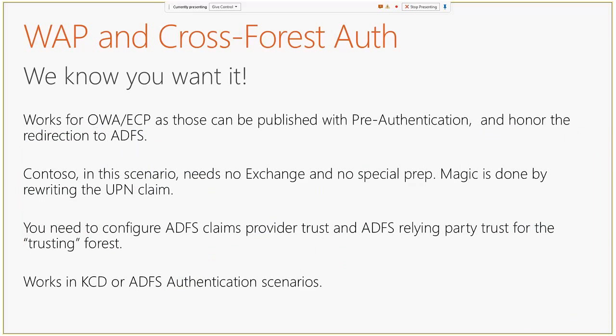You could dream up way more complex scenarios, but a simple scenario is where I wanted to do a rewrite of the UPN claim. So I get in a claim that's called, for example, user@contoso.com, and I'm going to rewrite that claim to user@fabricam.com, which is actually an account that I have in my environment.